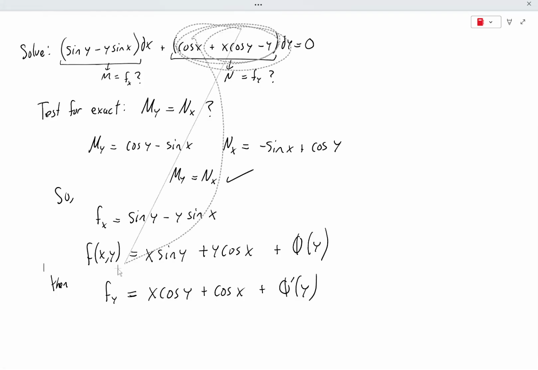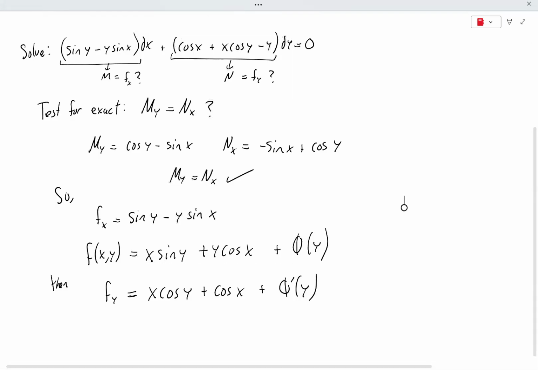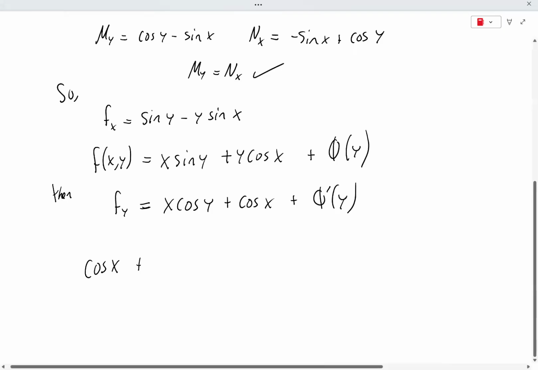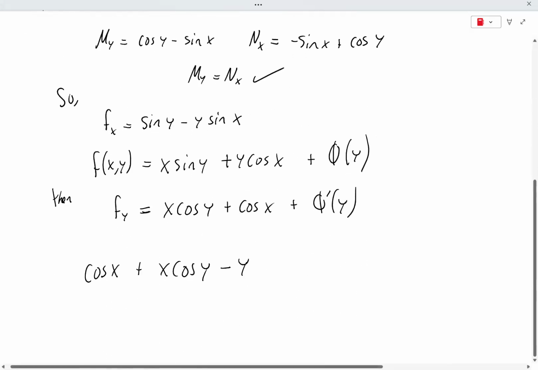So on the left side here, substitute in this. So you get cosine x plus x cosine y, and then minus y there. That's going to be equal to this then.